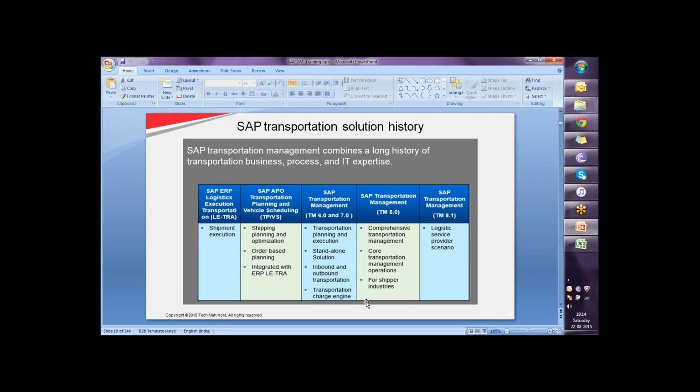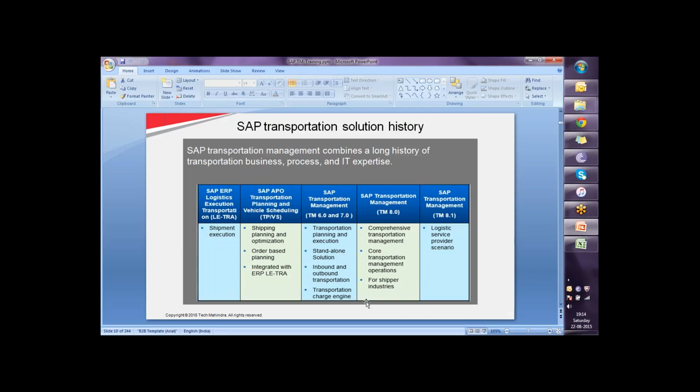The main target for TM 8.1 was the logistics industry and ocean liner, basically ocean freight. Then TM 9.0 came in 2011, and 9.0 offered a more varied set of solutions like SOPs, COPs.